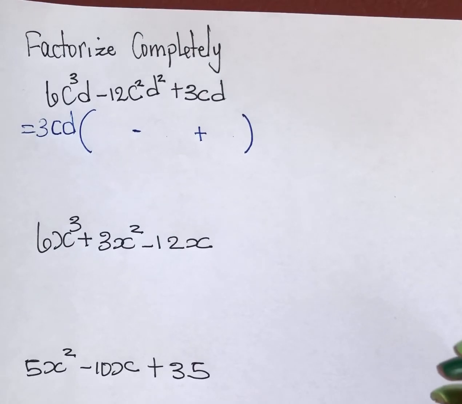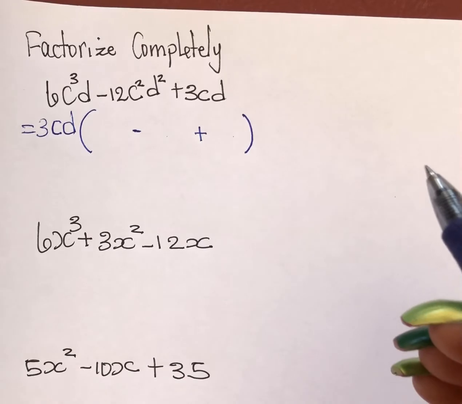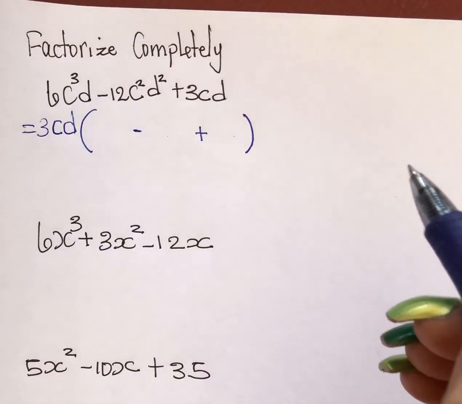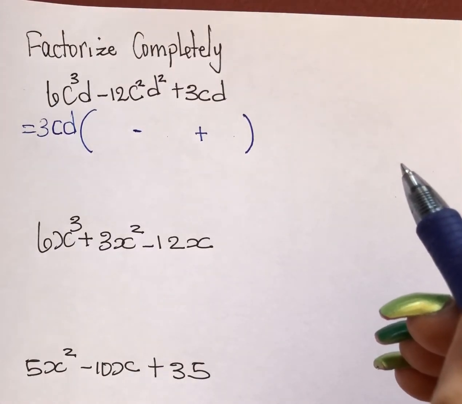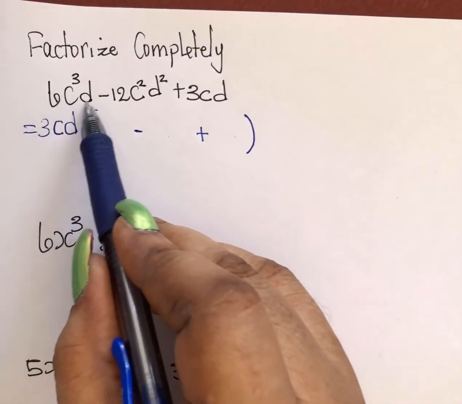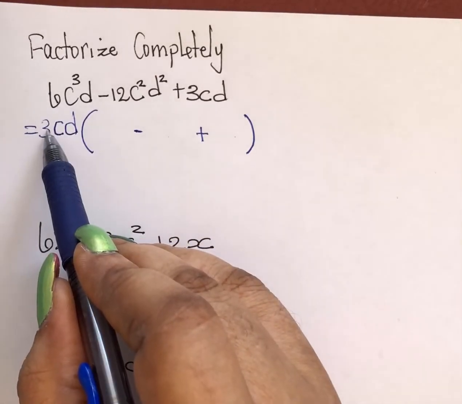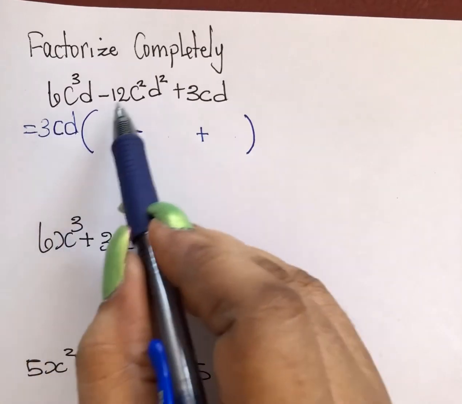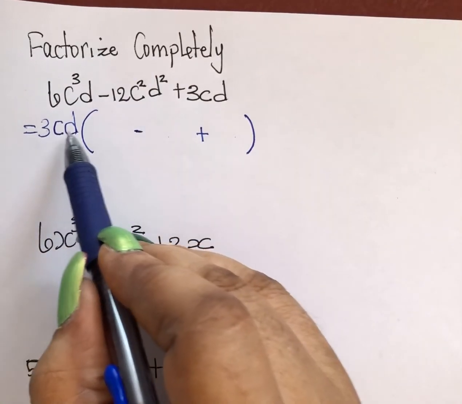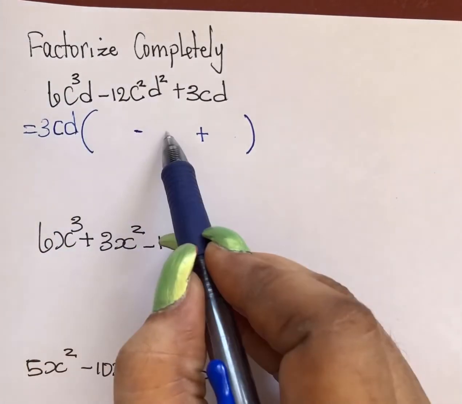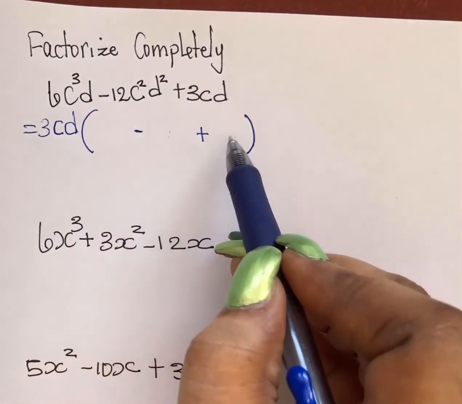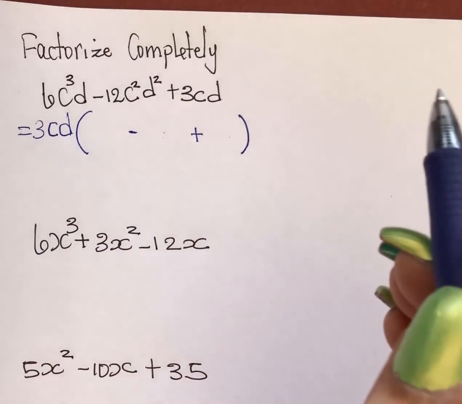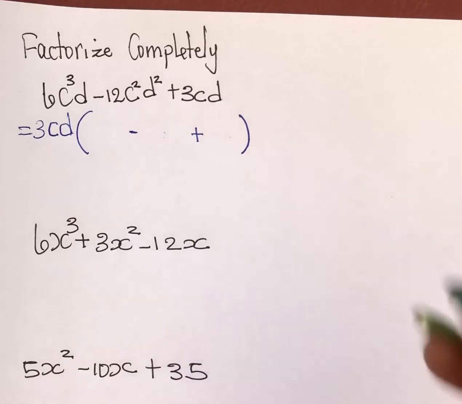Now this can be done in several ways, and one of the ways is to divide the polynomial by the greatest common factor. So the first piece will be divided by 3cd, and we will get the answer. The second part will also be divided by 3cd. We'll get the answer, and we do likewise for the third part. All right? So let's go.